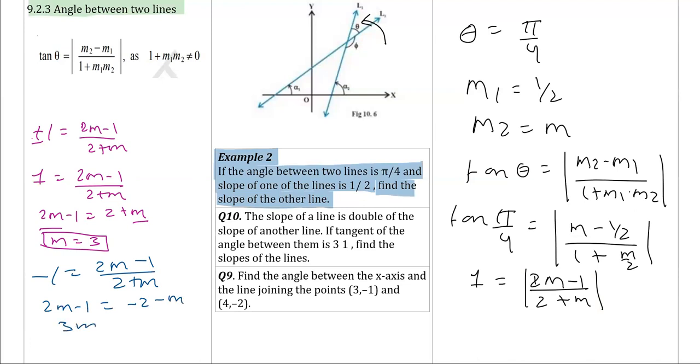So 3m is equal to minus 2 plus 1 is minus 1. So m here is minus 1 over 3. So there are two possible values we'll get for this m2 here, and that is 3 or minus 1 by 3.